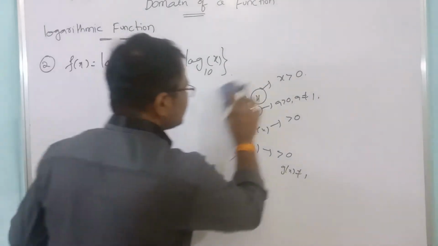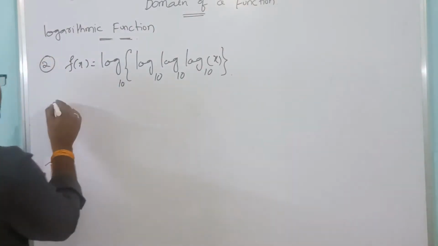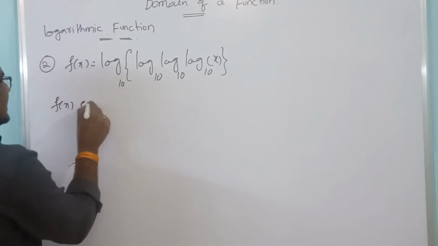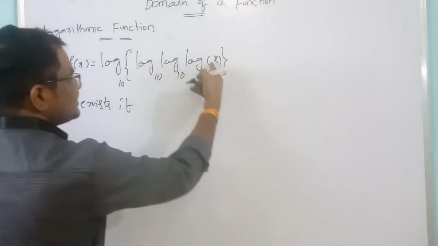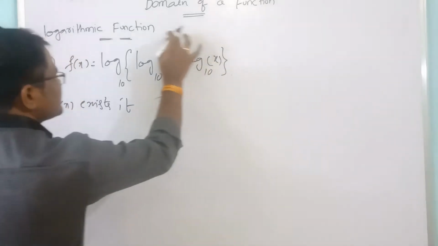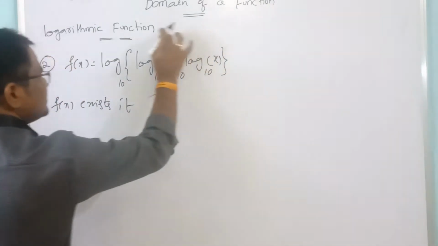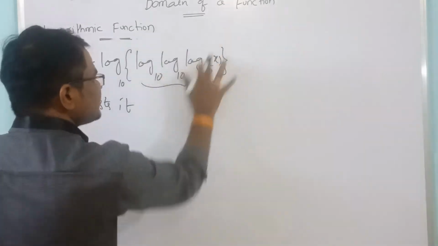By that information we have to take here also some conditions. So this function f of x exists when? So here if you treat log of this total as f of x, definitely it is greater than 0.